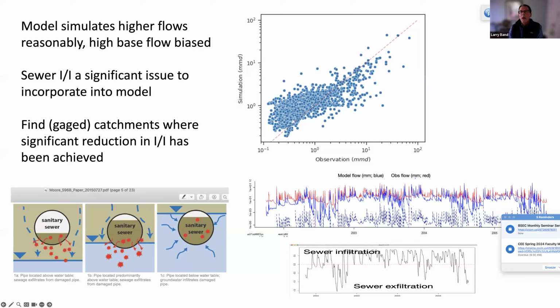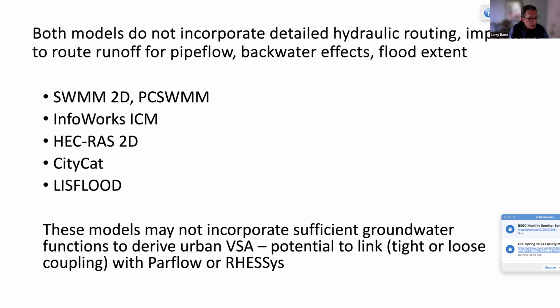The city has been putting a lot of effort and a lot of money in the consent decree to reducing this amount. Claire showed simulations of what would happen if you cut out all of the infiltration, and there's actually a substantial effect of that on the storage and potentially on the groundwater outflow and even potentially on stream flow. So let's finish so we have some time to talk.